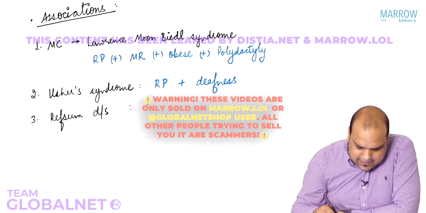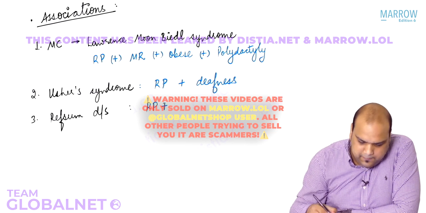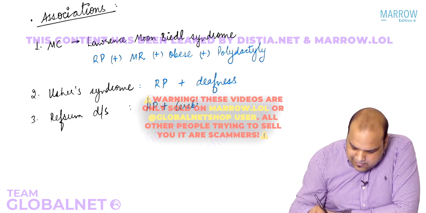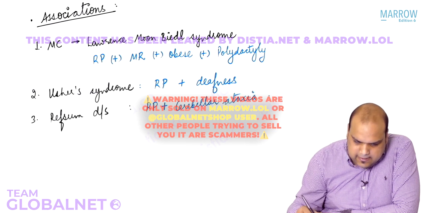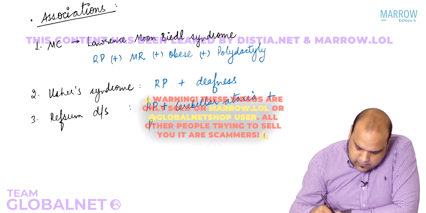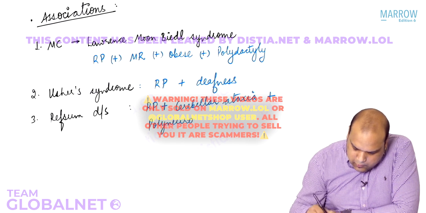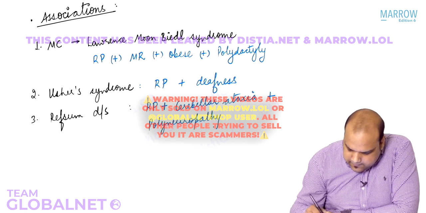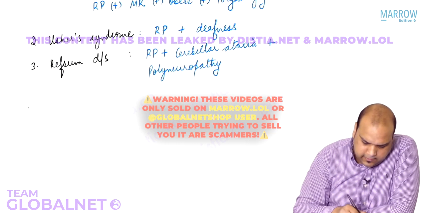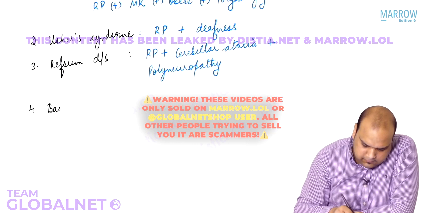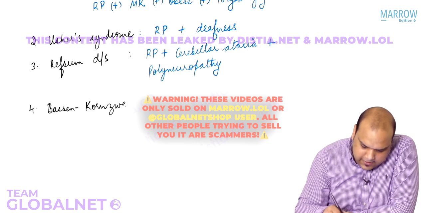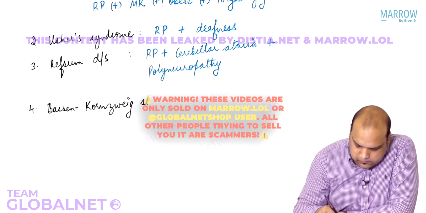Refsum disease patient has retinitis pigmentosa plus cerebellar ataxia plus polyneuropathy. Lastly, another important association is known as Bassen-Kornzweig syndrome.